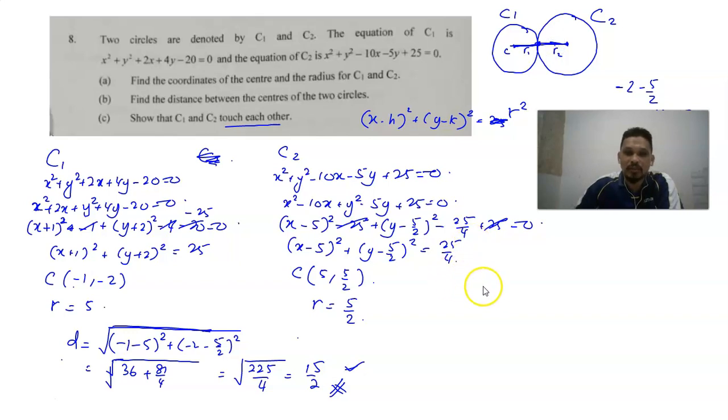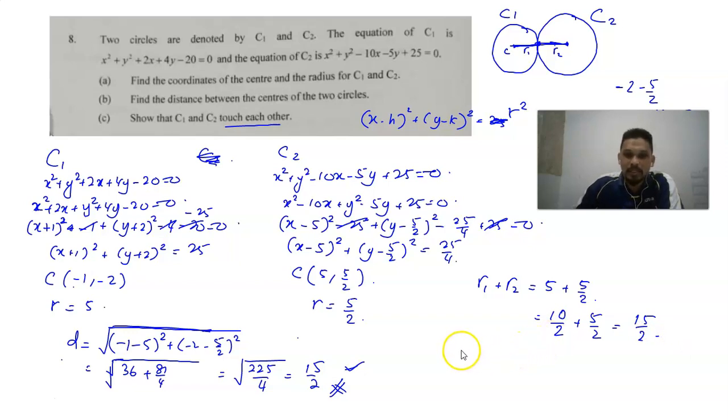So let's see here now. R1 plus R2, where R1 equals 5 and R2 is 5 over 2. Change this to a denominator of 2: 5 times 2 equals 10 over 2, plus 5 over 2 is 15 over 2.